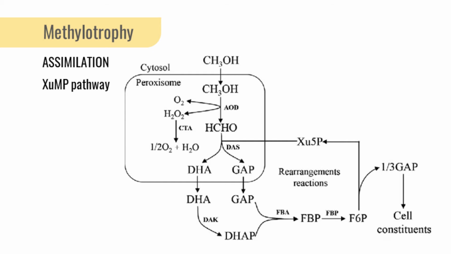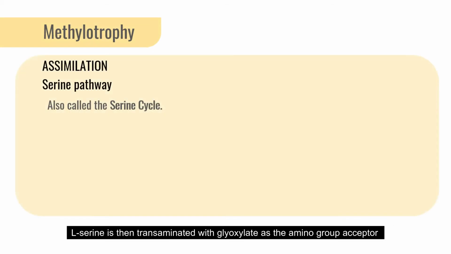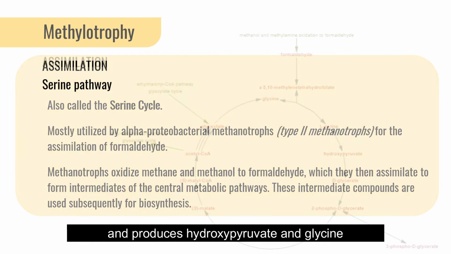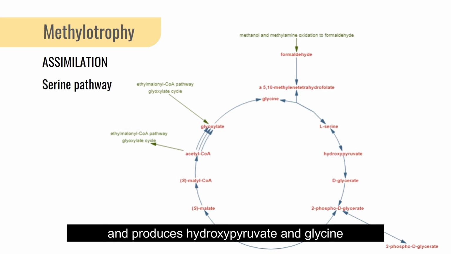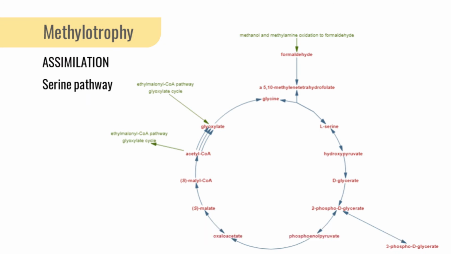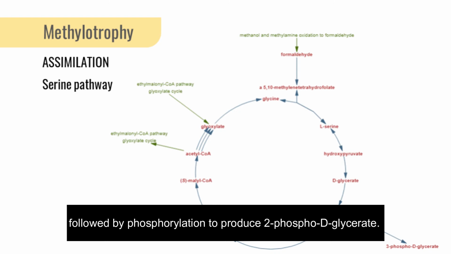In the first reaction of the serine pathway, formaldehyde reacts with glycine to form L-serine. L-serine is then transaminated with glyoxylate as the amino group acceptor and produces hydroxypyruvate and glycine, in which this glycine can also be recycled to serve as a substrate for serine hydroxymethyltransferase. Next, hydroxypyruvate is reduced to D-glycerate, followed by phosphorylation to produce 2-phospho-D-glycerate.